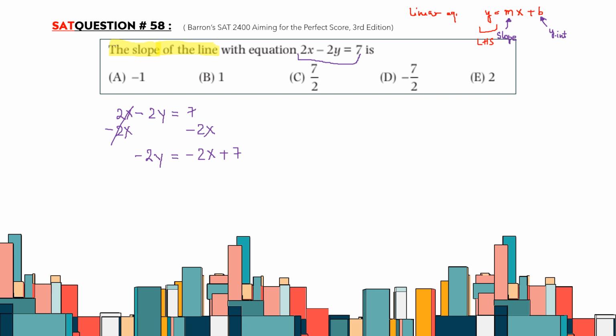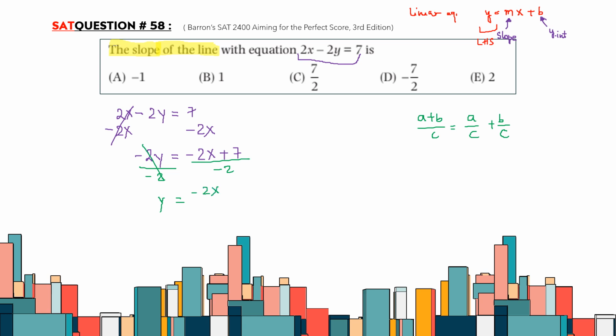Now we want to isolate y, so we divide both sides by negative 2. Negative 2 divided by negative 2 is 1, and 1 times y is y. Remember, a plus b over c is a over c plus b over c. With a common denominator, you can put the numerators together, or you can separate them like that.